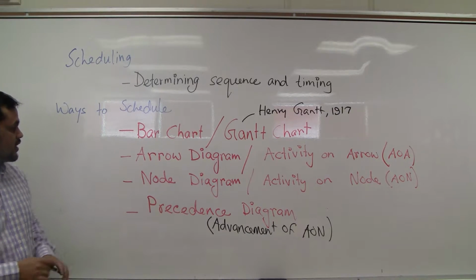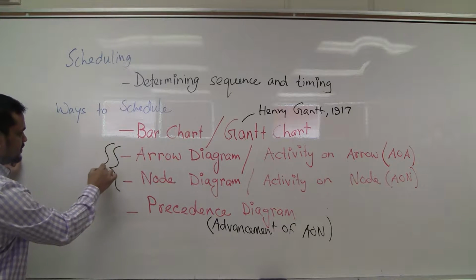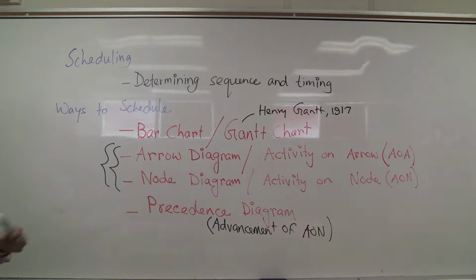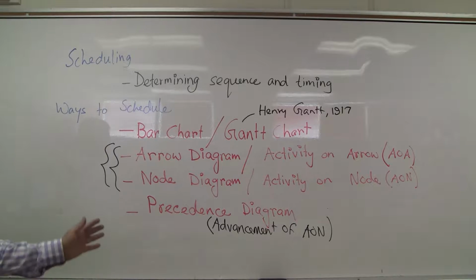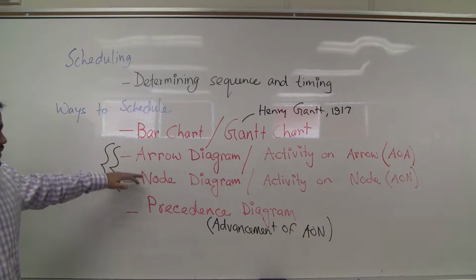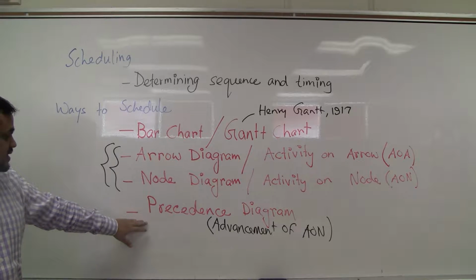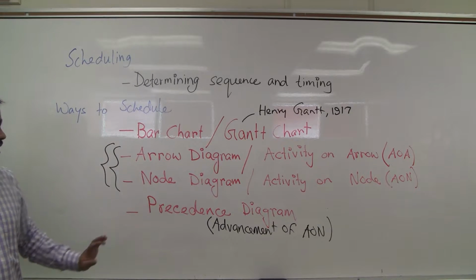We will learn this. So today we will learn only these two, not entire, just to learn how to draw the diagram, nothing else. It will take the whole class just to learn how to draw this diagram, arrow diagram and node diagram. Precedence diagram, it will be after 3-4 weeks. It will take time.